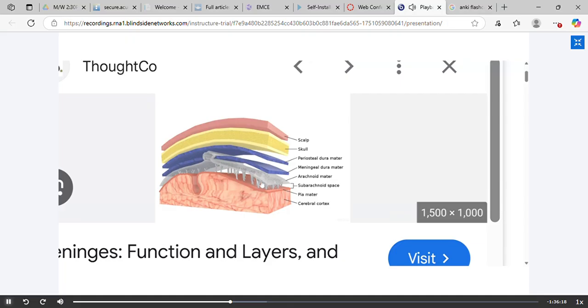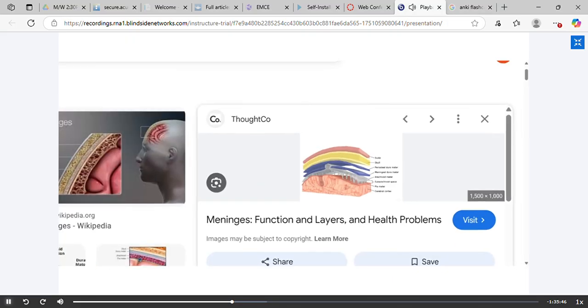You have the arachnoid space in between the dura mater, and then you have the pia mater, which is small mother, and it actually lays on the surface of the brain. You can see how it kind of goes in the little crevices and all that kind of stuff. Then you have the arachnoid space. Then you have the larger dura mater, and then your skull. So those three layers, those are your meninges, okay? And they cover both the brain and the spinal cord.